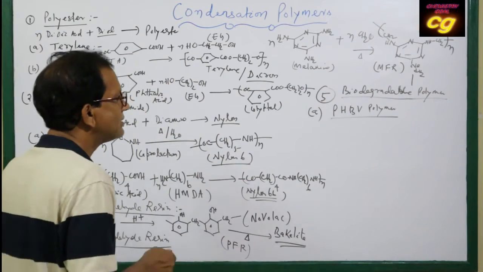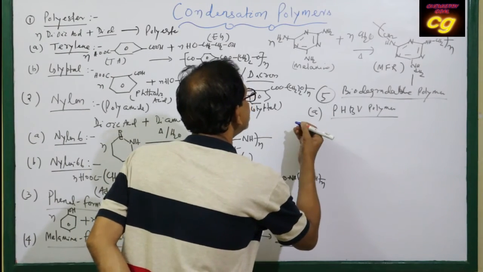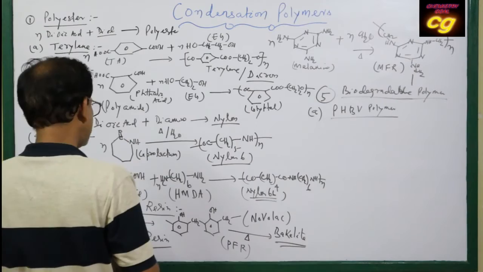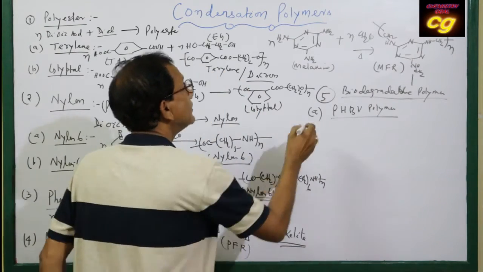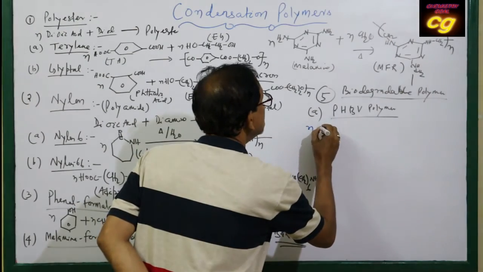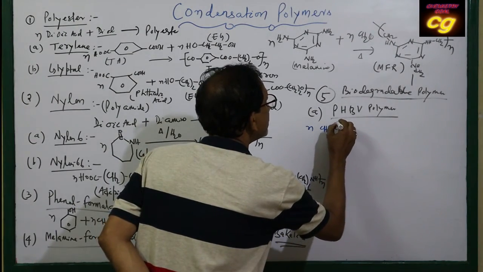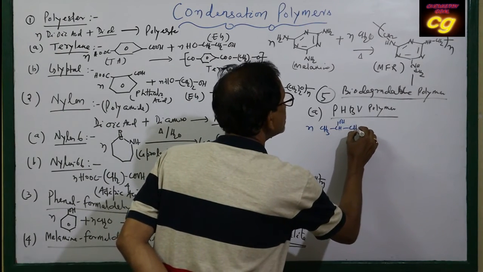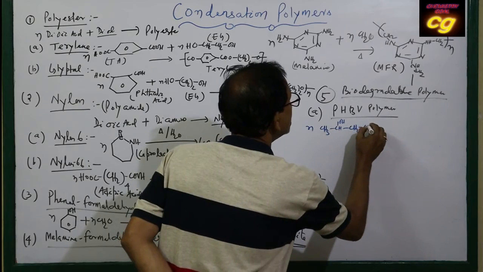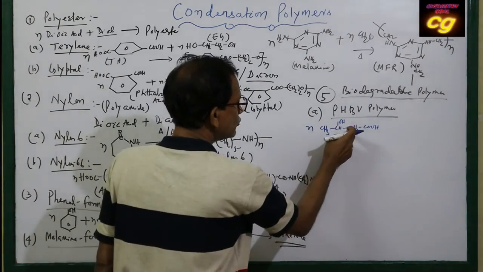Let us write the structure. Suppose n number of, if you take this one, CH3 CHOH, then CH2 COOH. If you see here, how many carbon atoms? 1, 2, 3, 4.